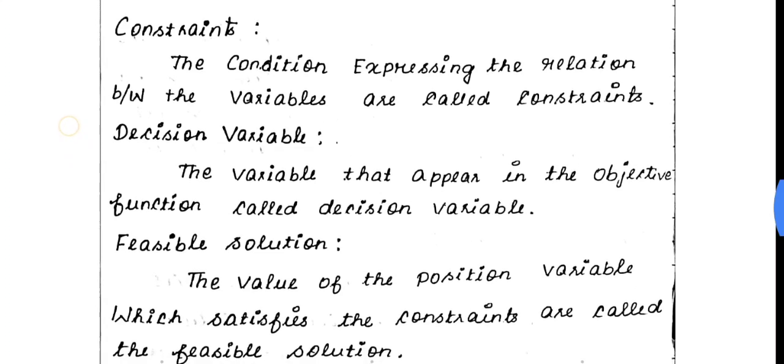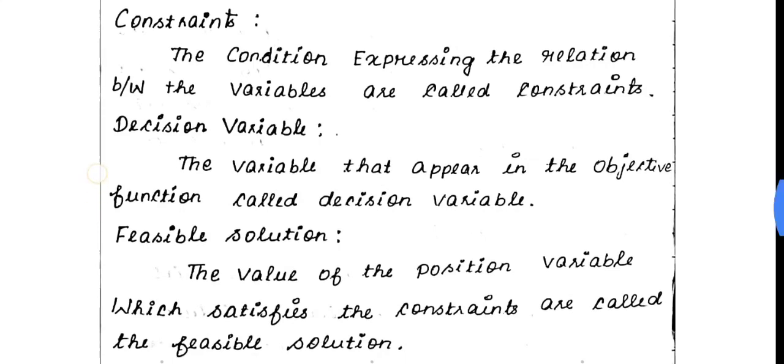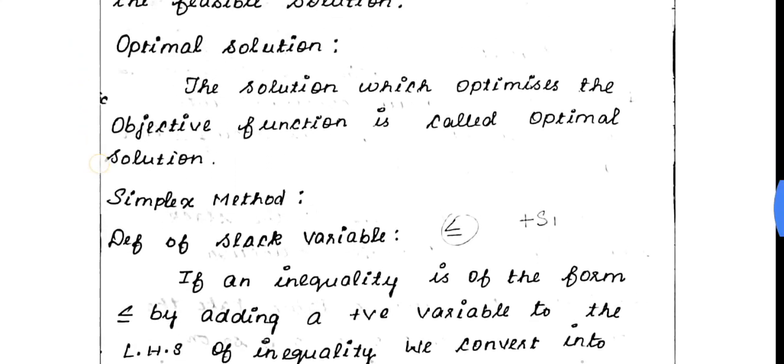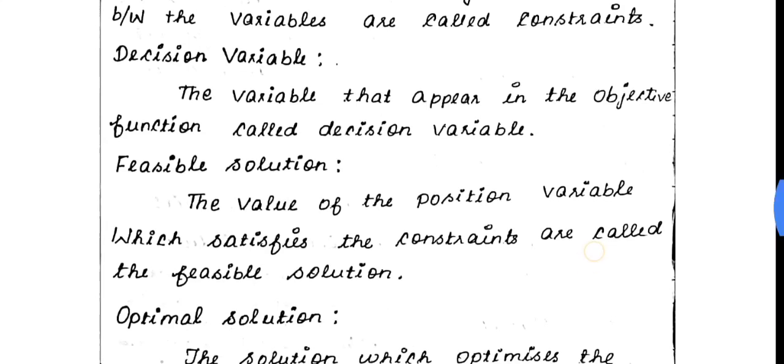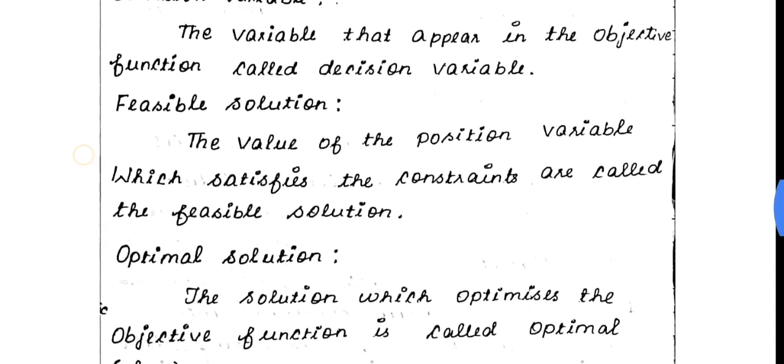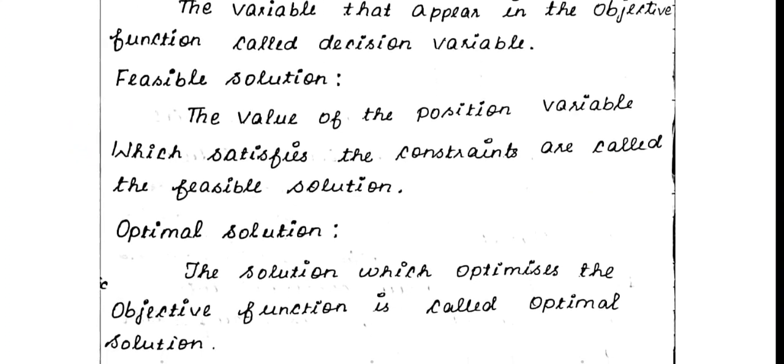Decision variable: the variables that appear in the objective function are called decision variables. Feasible solution: the values of the decision variables which satisfy the constraints are called a feasible solution. Optimal solution: the solution which optimizes the objective function is called the optimal solution.